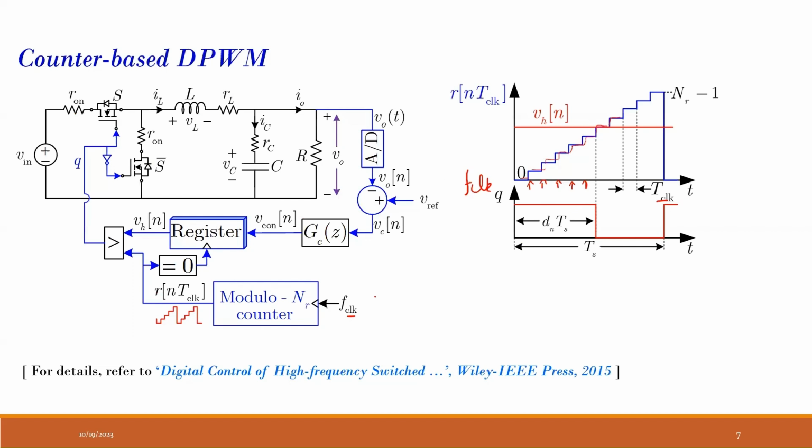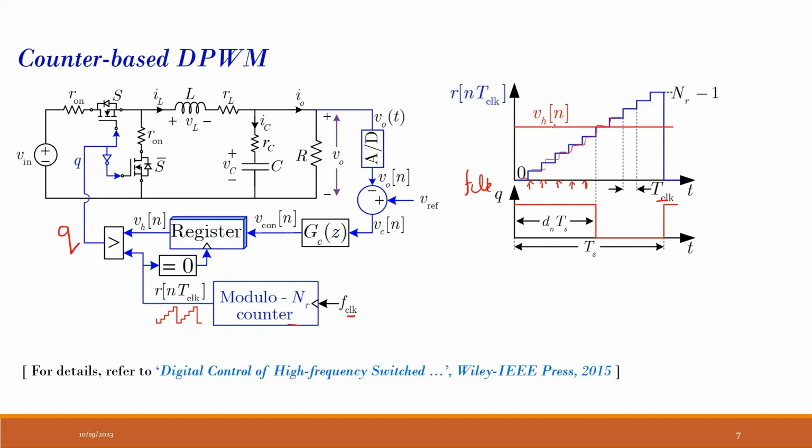This F clock needs to be a very high frequency so that it can increment the counter, up to a certain maximum value. This is for the greater than or equal to comparison, and all these things are there. So this will generate my effective gate signal.